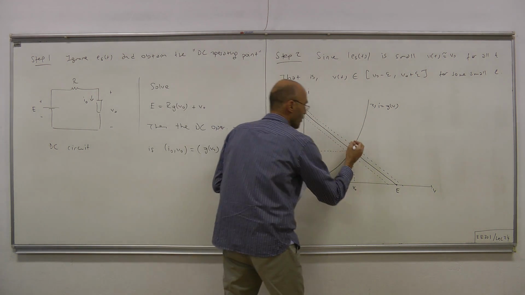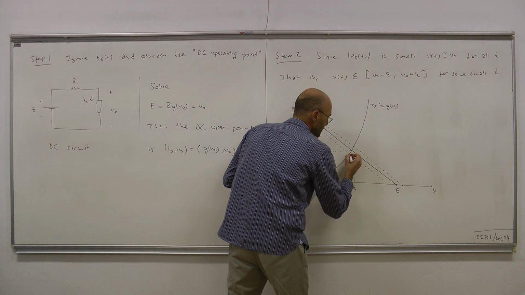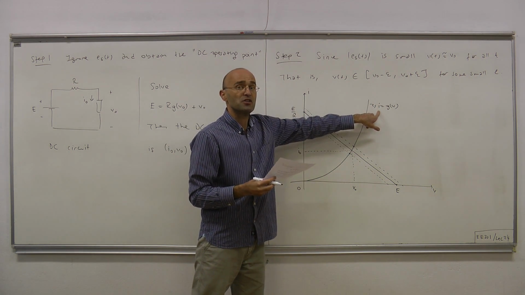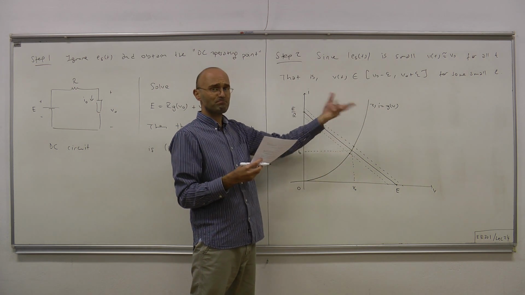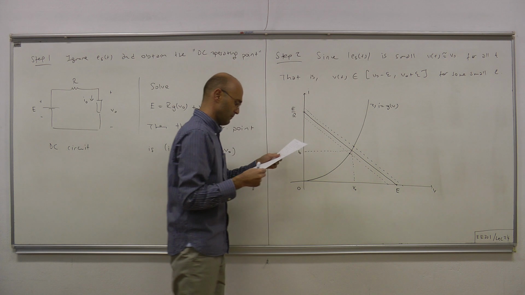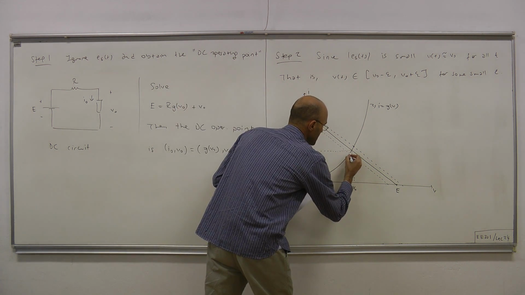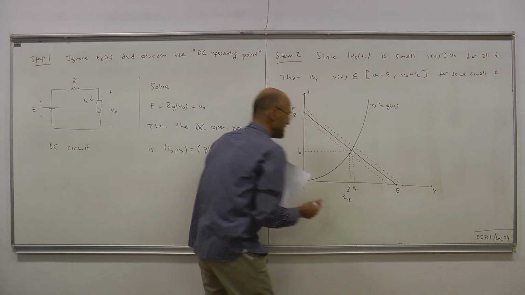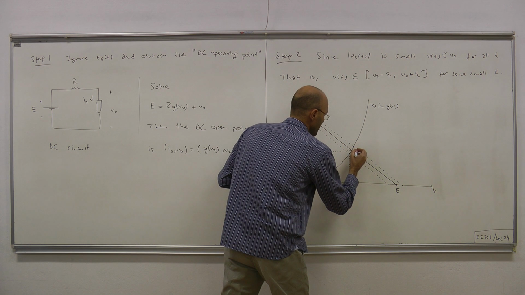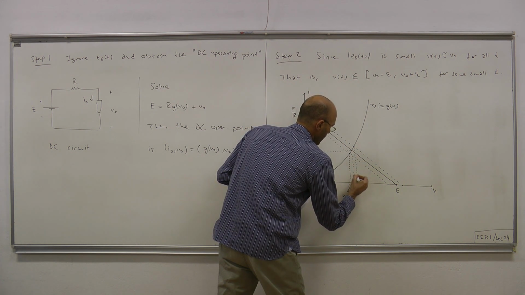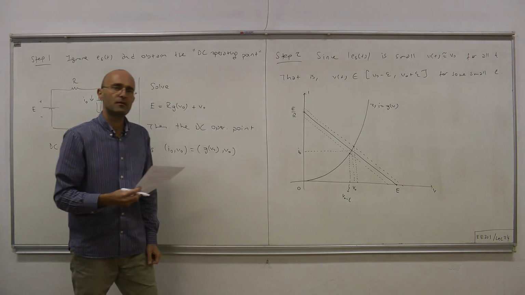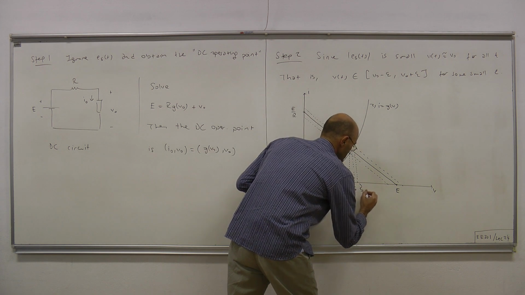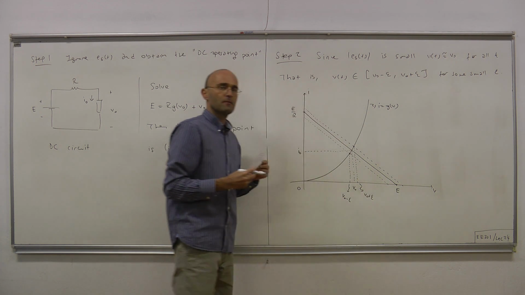And as it oscillates back and forth, it will at each time intersect the terminal equation curve, or the IV characteristics curve, which is constant, time invariant, at different points. And here, for instance, we have V0 minus epsilon, more or less, and at this point, the voltage of the nonlinear element will be a little bit larger than the DC operating point, which we're calling, let's say, V0 plus epsilon.